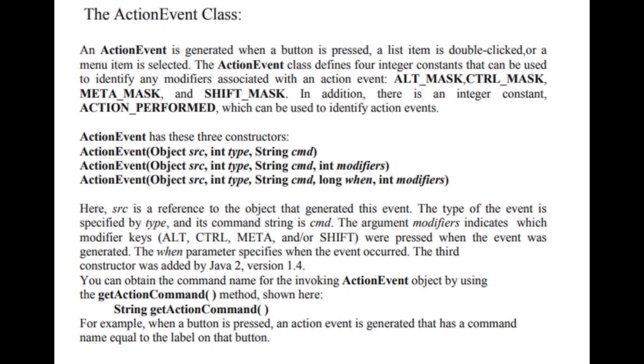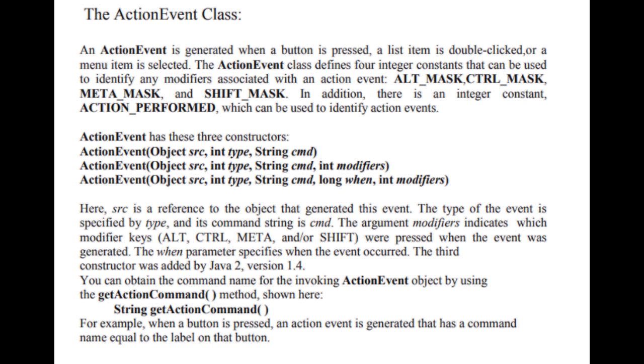Then we can use this method. It will return a string, and the return value will be nothing but the label or caption on that button. So using string equals, we can compare this label and identify the button.